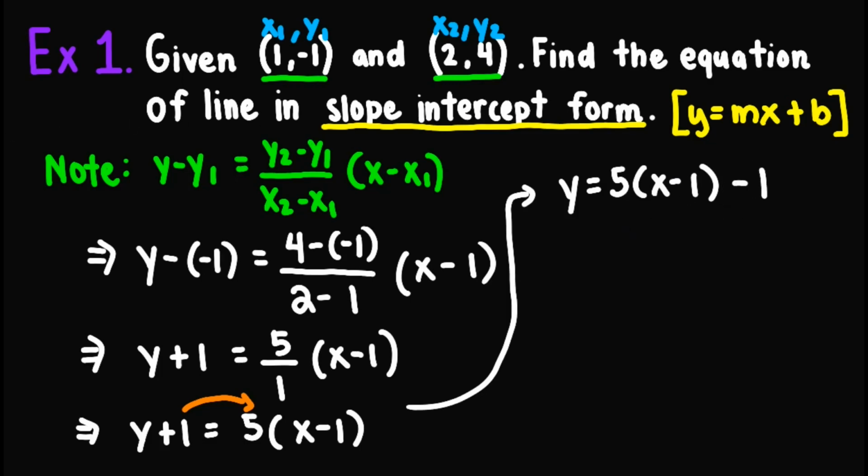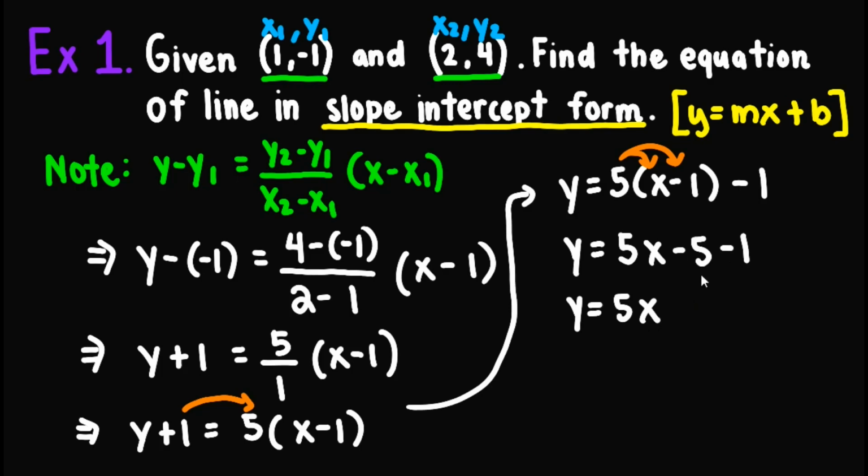Then we just distribute 5 to obtain y equals 5x minus 5 minus 1. Simplifying this further, we'll have 5x minus 6. And this is actually our slope-intercept form. If you want it to be clearer, we can write it as y equals 5x plus negative 6. So our slope is 5 and our intercept is negative 6.